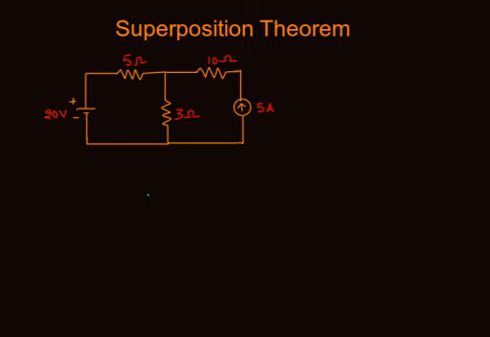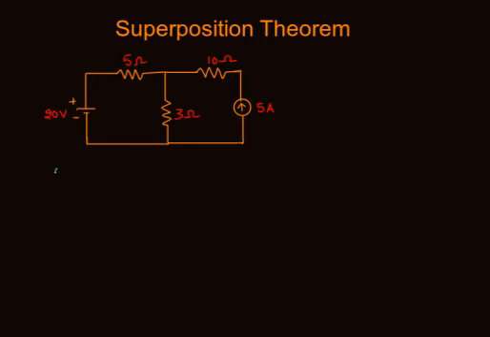In this class, we discuss in detail the superposition theorem. The superposition theorem states that in any linear network, that means a network of linear devices. Suppose a resistor is a linear device.